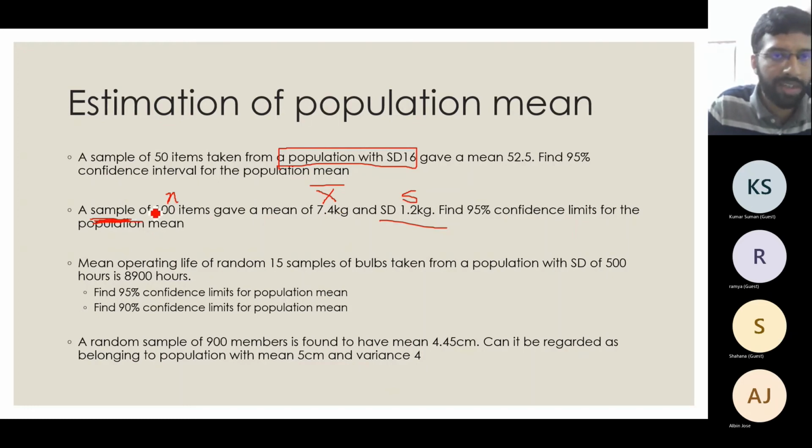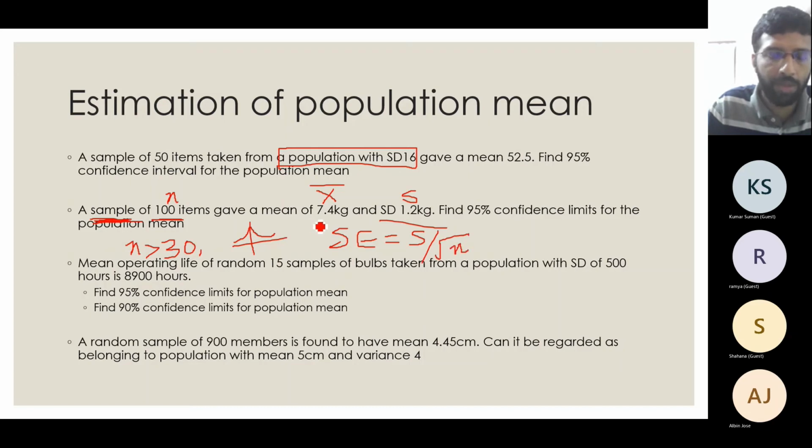Now again, in this case, it is not told whether the population is normal or not. So I have to make use of my central limit theorem assumption that if n is greater than 30, I can make use of the central limit theorem. So I can assume that this is normal. Now I don't have the sigma here to compute the standard error. So since n is greater than 30, I am safe to assume my S to be my sigma.